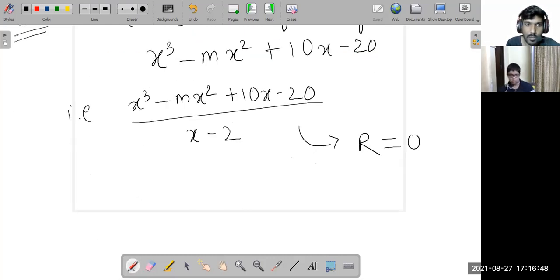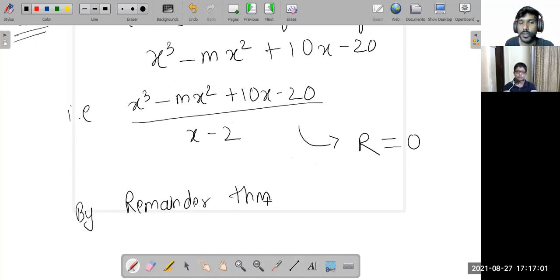But by the remainder theorem, what does the remainder theorem say? The remainder and the value of the polynomial are the same.